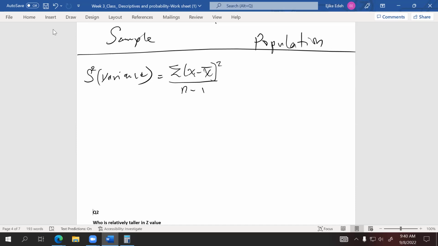But in the population space, the symbol is sigma squared, and it is given here as the sum of each data minus the mean squared divided by the population size.